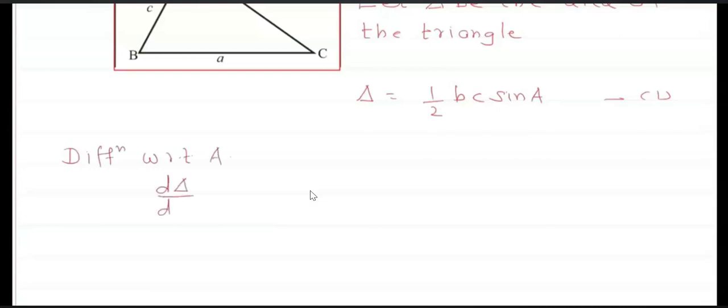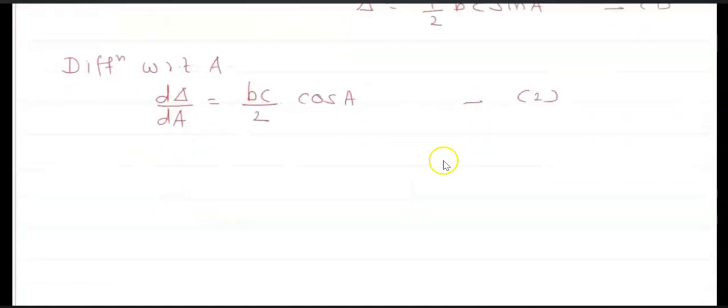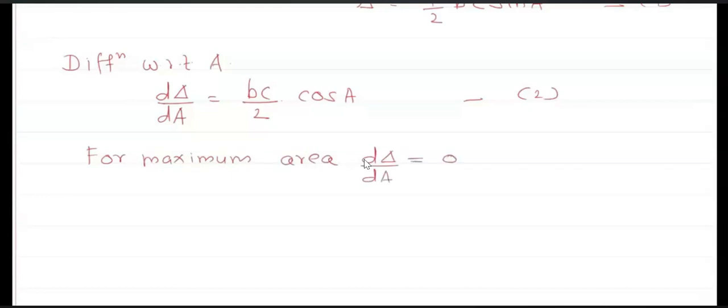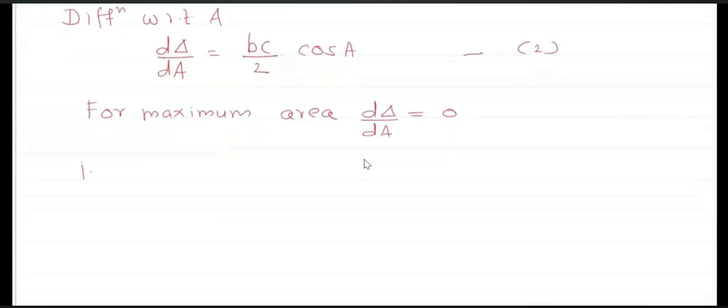Now differentiate this with respect to A, that is d delta upon dA is equals to BC upon 2. What is the derivative of sin A? It's cos A. Now for maxima or minima, every time we find the values where d delta upon dA is equals to 0.